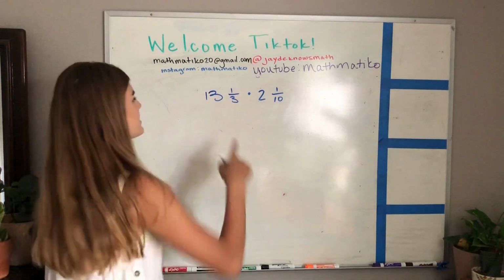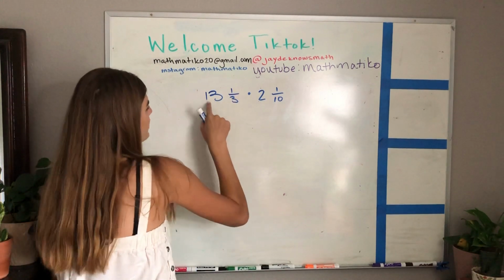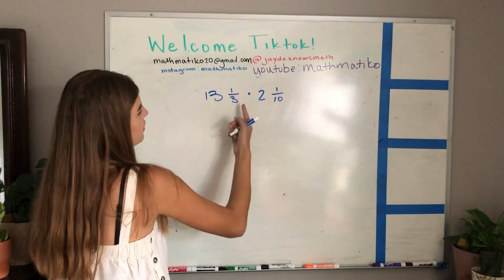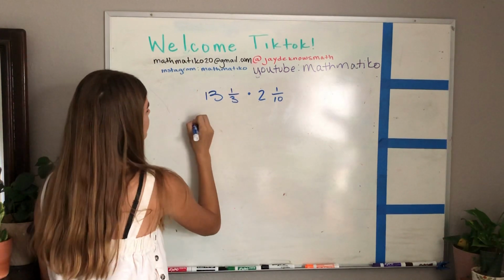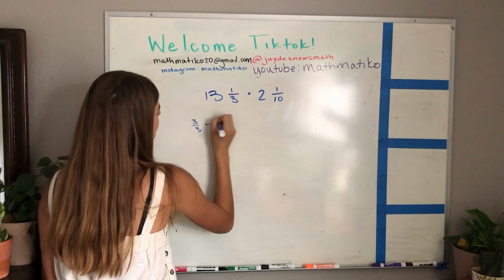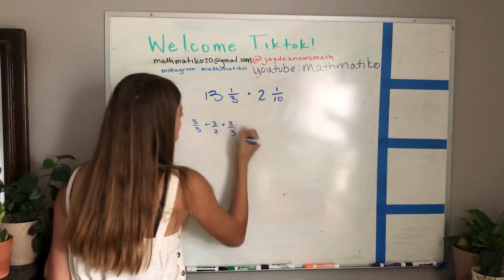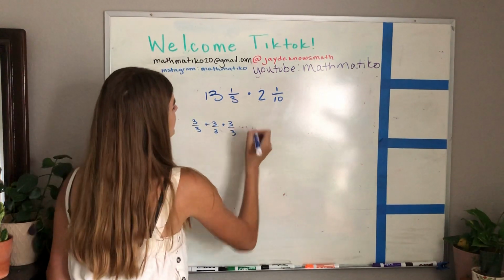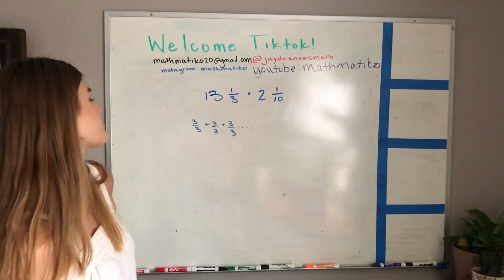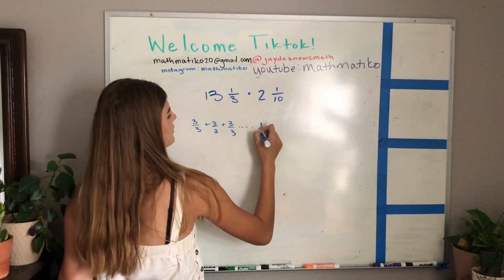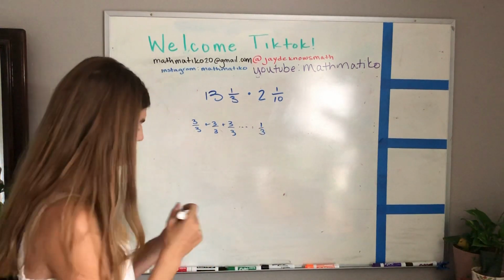For the mixed fraction, we have 13 wholes, okay? So what's a whole? 3 over 3. So we have 3 over 3 plus 3 over 3 plus 3 over 3, and we have 13 of these. At the end of those 13 3/3, they added 1/3, okay?